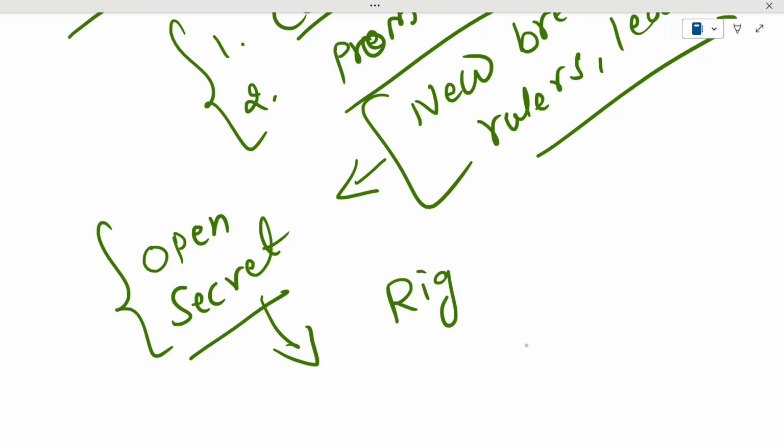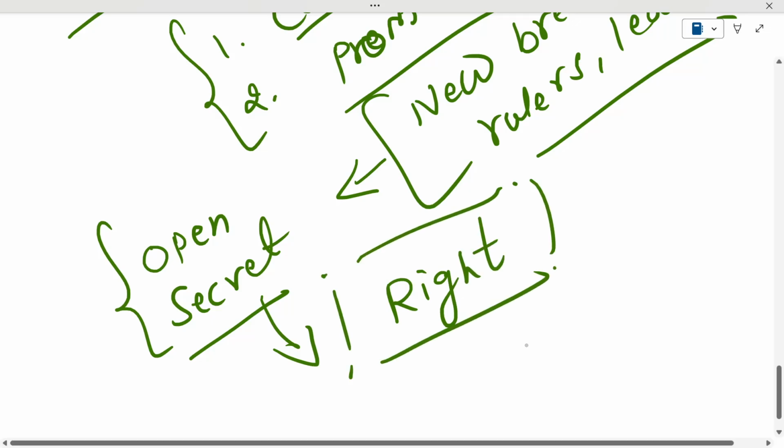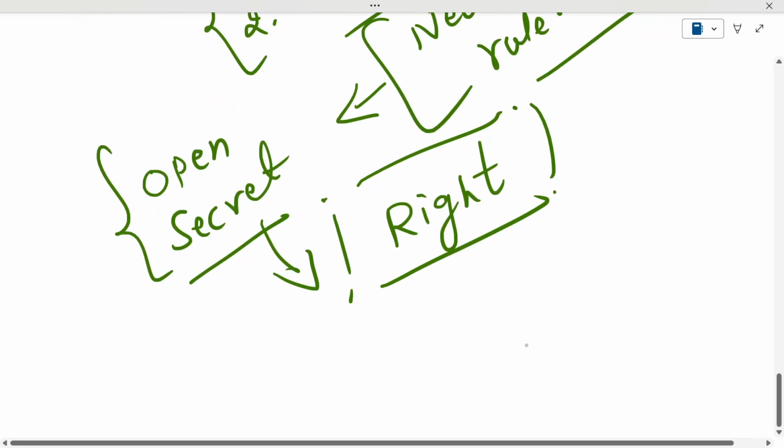So it means there will be some claim for being a part of this mobilized mass.